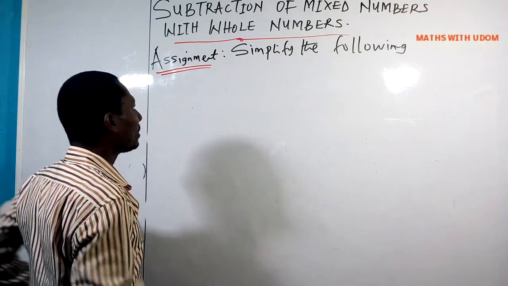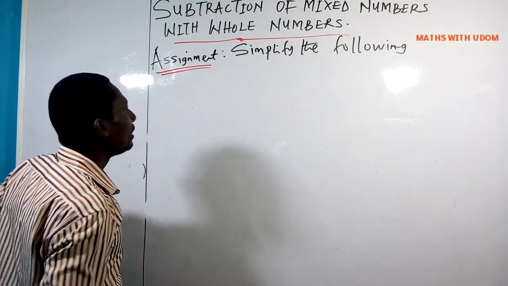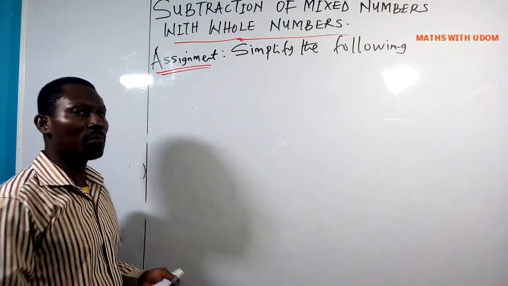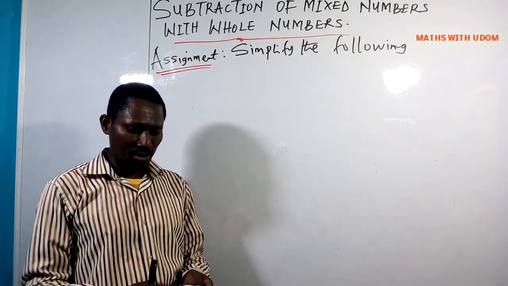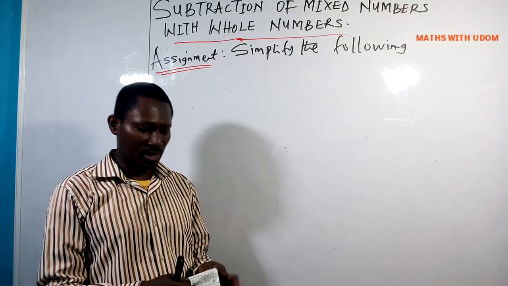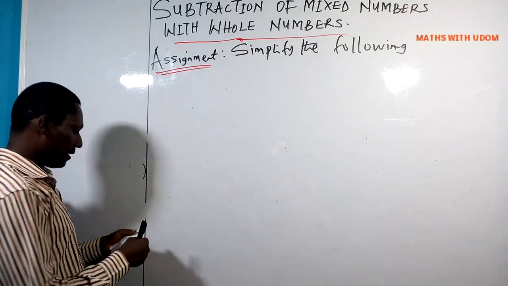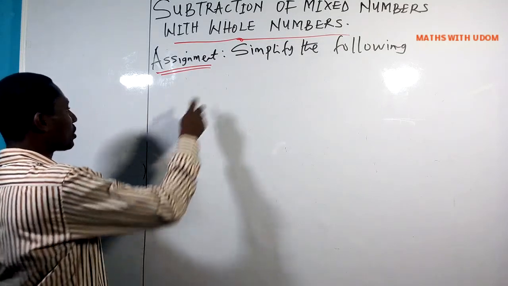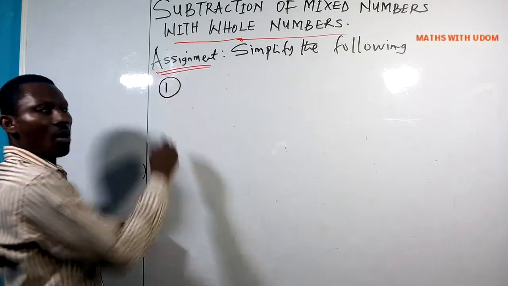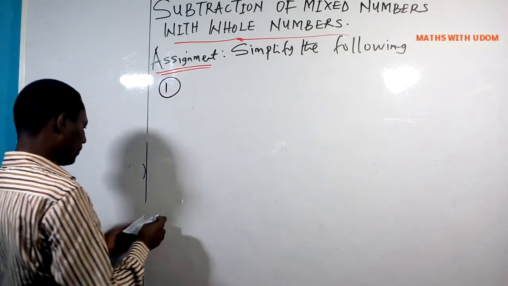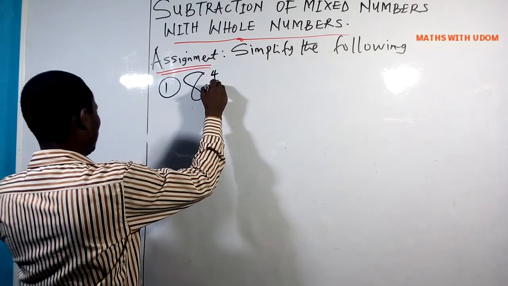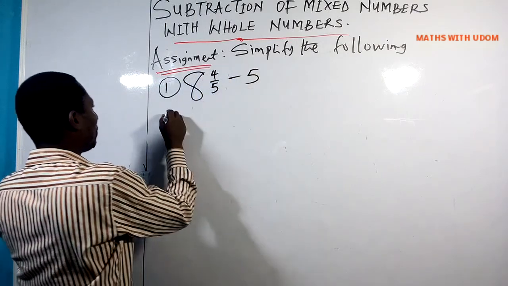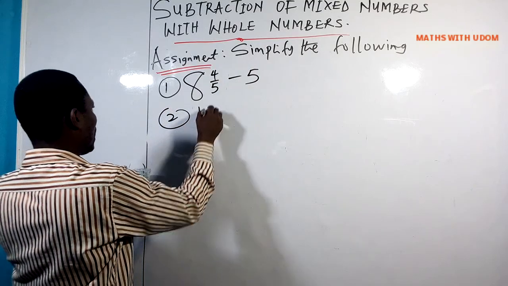Your assignment is that you are going to simplify the following fractions. When you are asked to simplify, it means you make it simple. You reduce them to their lowest terms. That's the meaning of simplify. So simplify the following. Number 1, we have this. Number 2, we have this.